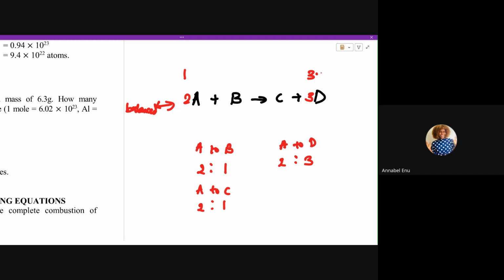Now stoichiometry also entails empirical and molecular formulas, how to determine these. Molar mass also, knowledge of it, and also Avogadro's number, and also percentage yield and the rest.